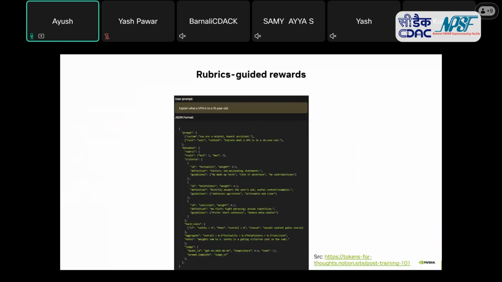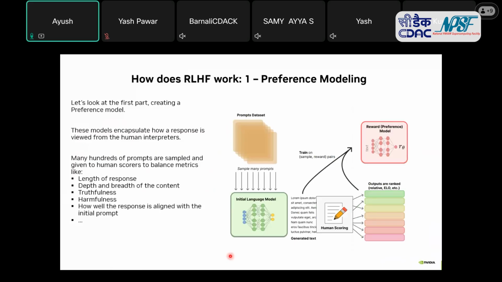Now let's come to the topic of how this RLHF training works overall. There are hundreds of prompts available from the human annotators, rated on attributes like how truthful, how harmful, the quality, and how well the response is aligned with the initial prompt.